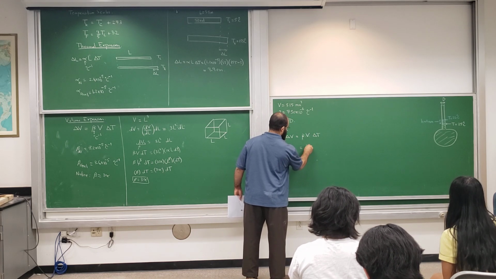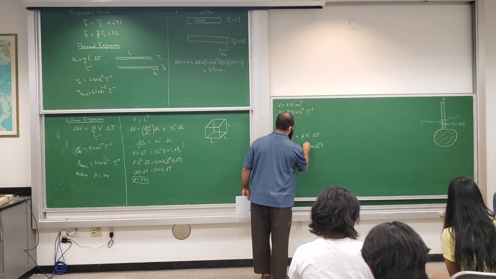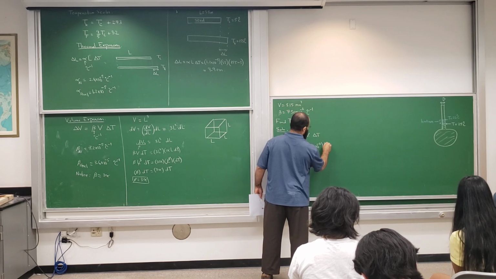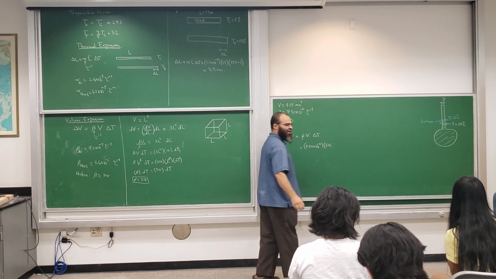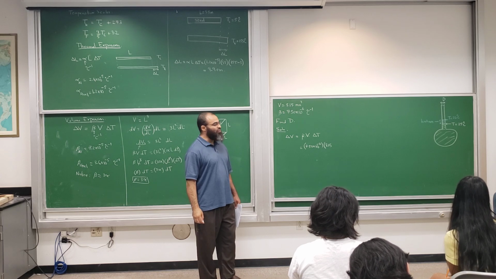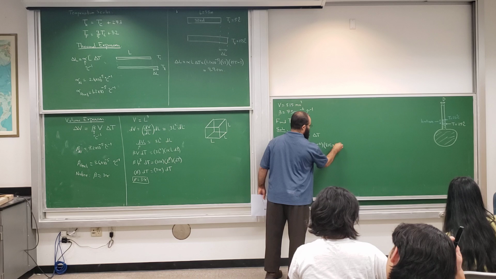Beta is 750 times 10 to the minus 6 per degree Celsius. Volume here is 815 cubic millimeters; I need to change it to cubic meters. What do I do? Multiply by 10 to what power?